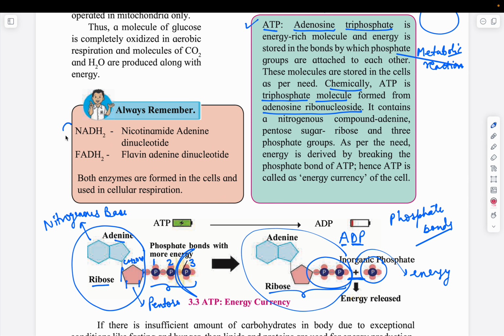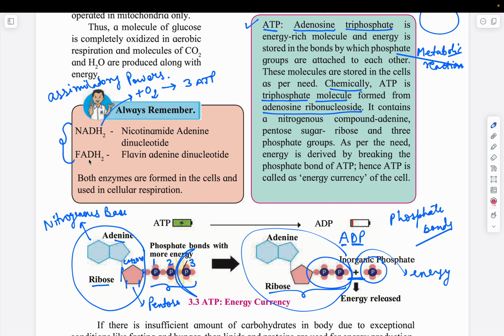These two molecules, as you have previously seen, are not the energy currency, but they are the assimilatory powers of the cell. They can't be directly used for energy production. First, they are oxidized. When NADH2 is oxidized, it reacts with oxygen and produces 3 ATPs.